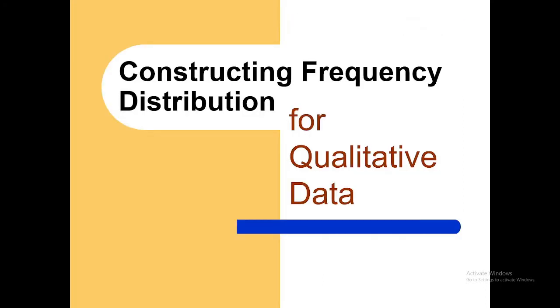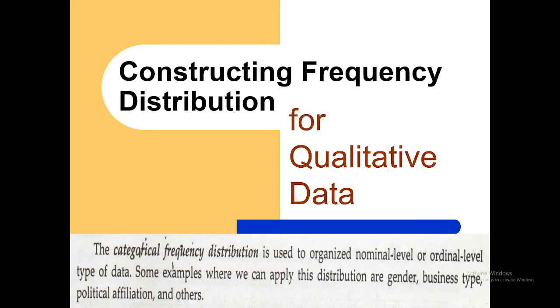Now, let's focus first on how do I construct a frequency distribution table for qualitative data. Now, let's have this definition. The categorical frequency distribution table. Di ba when I say categorical, it simply says na it's qualitative data. Do you agree with me? Yes, it is. Di ba when you say categorical, it focuses on ordinal and nominal.